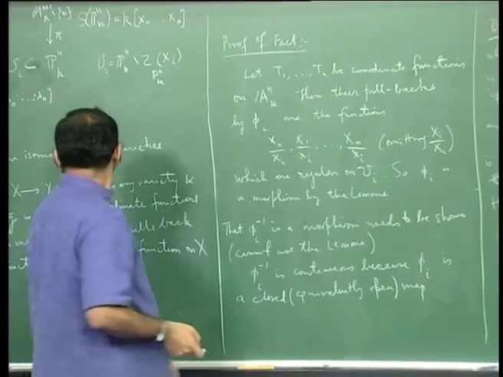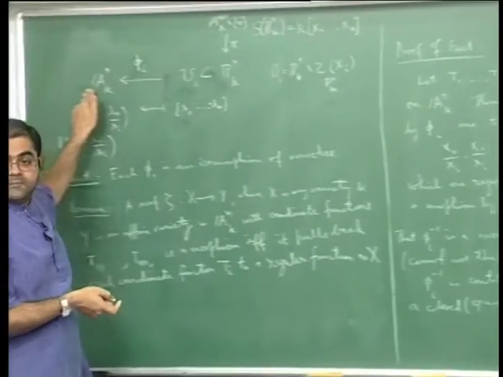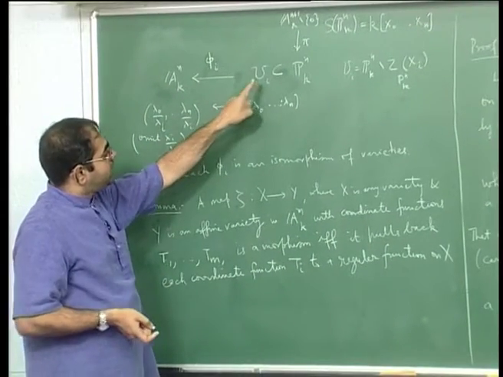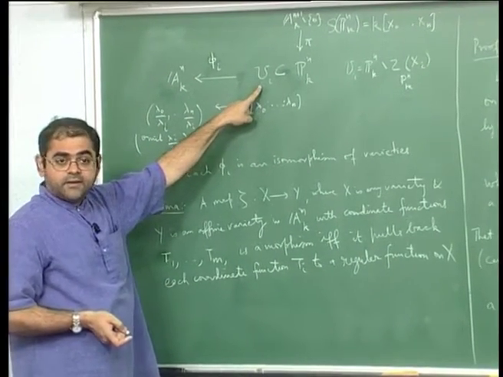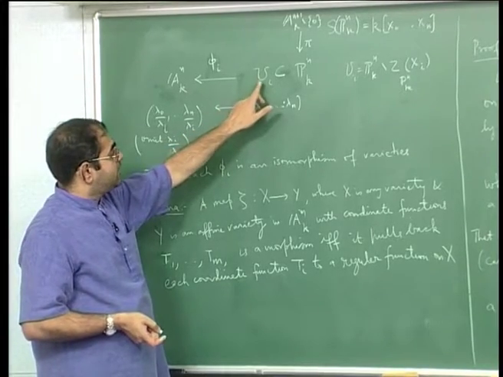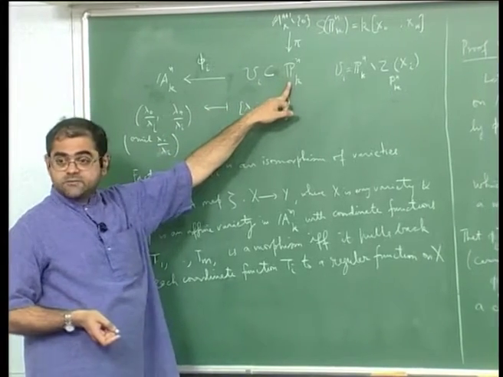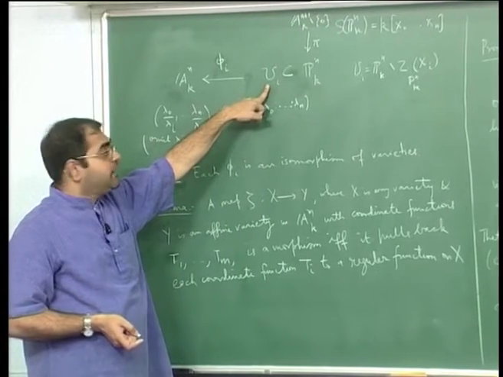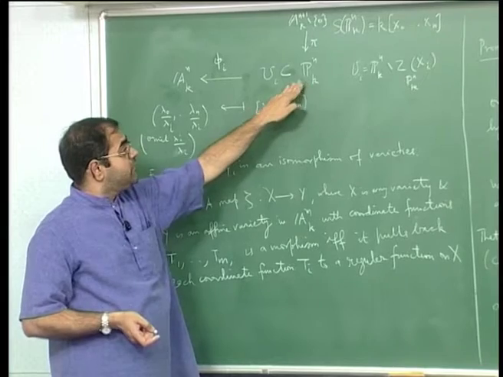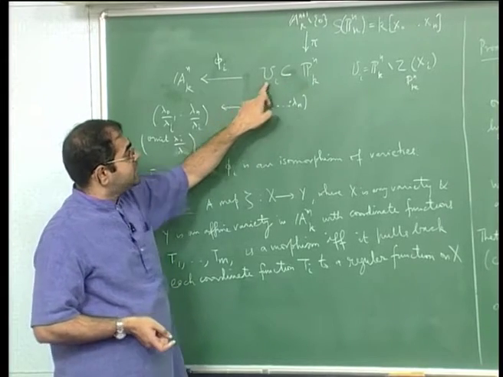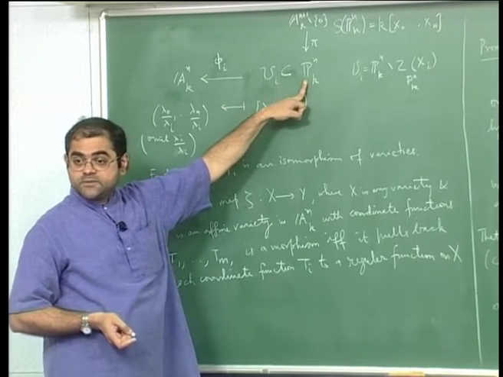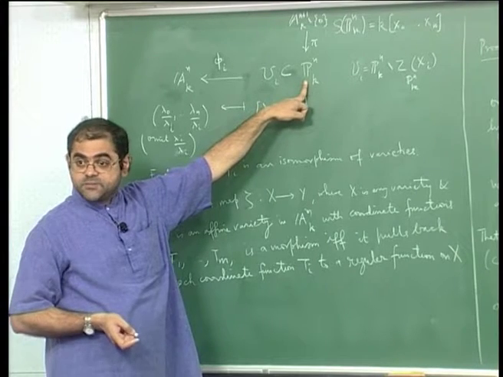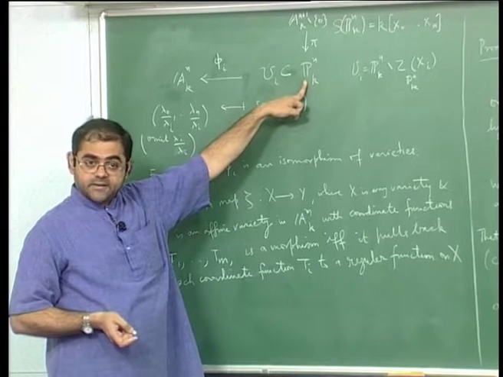And why is phi a closed map? The idea is very simple. If you take a closed subset here, that closed subset is a closed subset in the projective space intersected with Ui, because that is the induced topology. Take its closure in the projective space, and you will get a closed subset of projective space. So it is the zero set of a homogeneous ideal, okay.